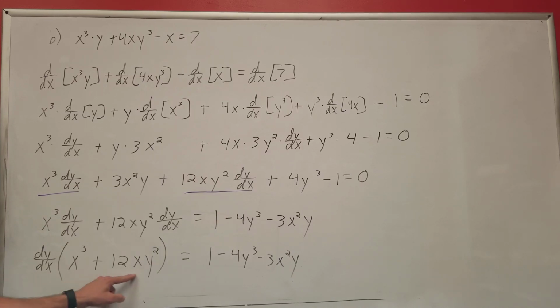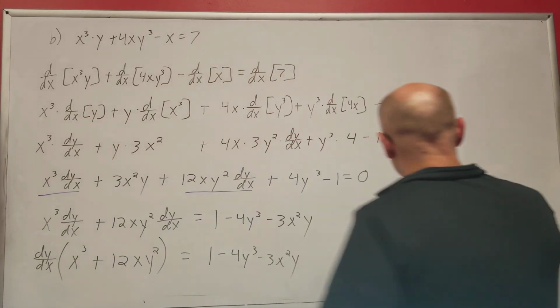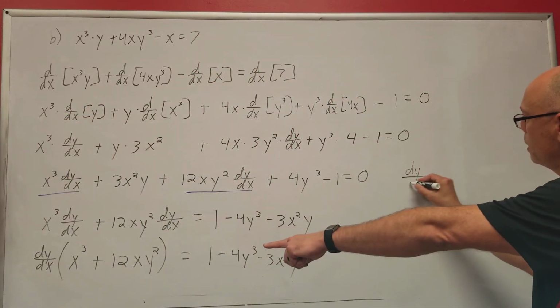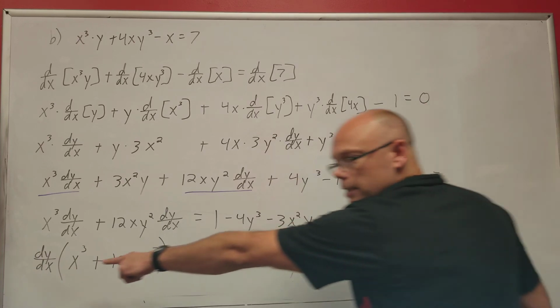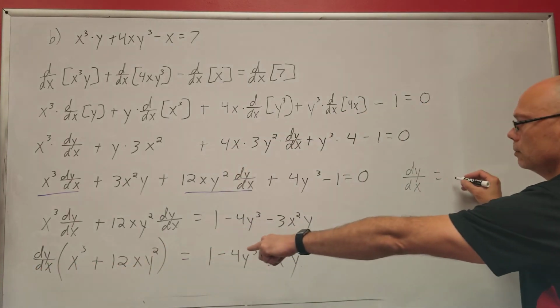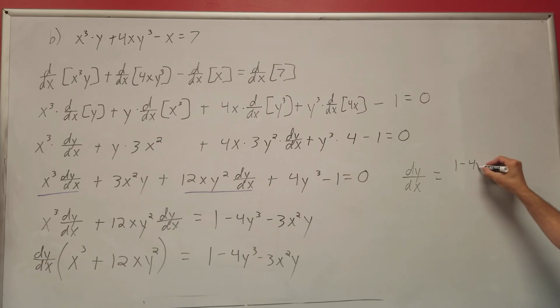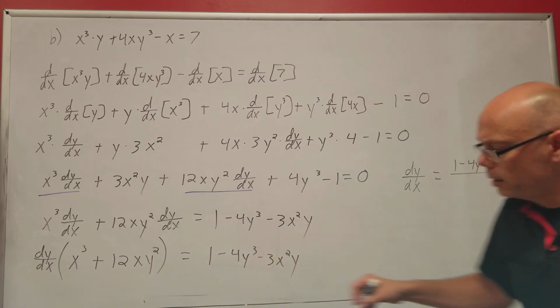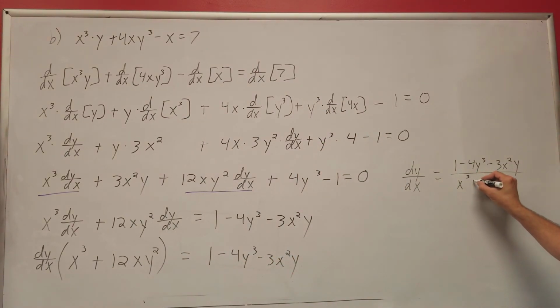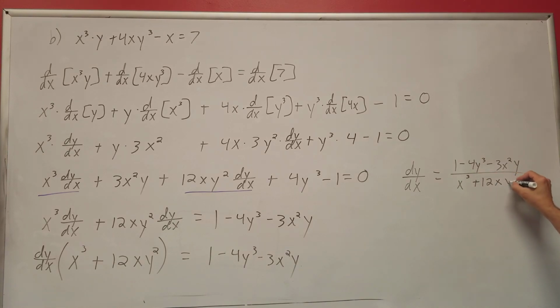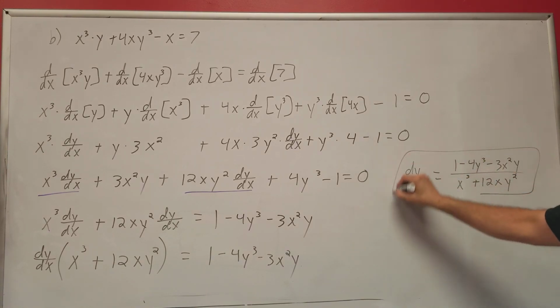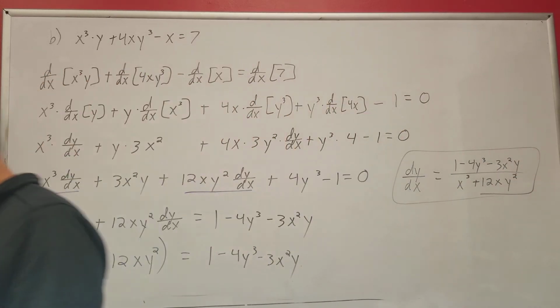I divide both sides by this x cubed plus 12xy squared. So what does that give me? That gives me dy over dx is all by itself on the left-hand side is equal to 1 minus 4y cubed minus 3x squared y, all divided by x cubed plus 12xy squared. There we go. We found dy over dx again.